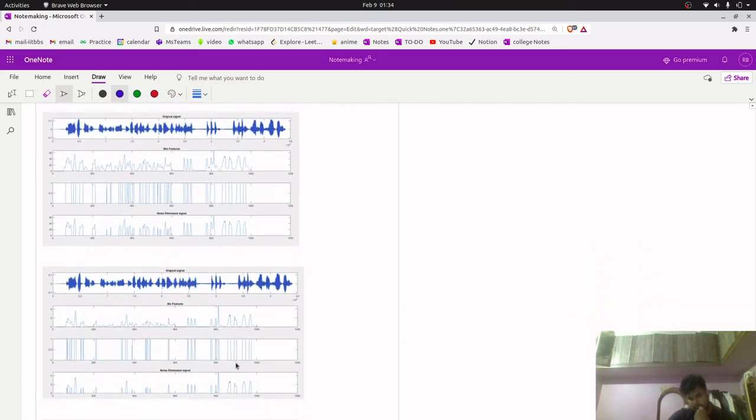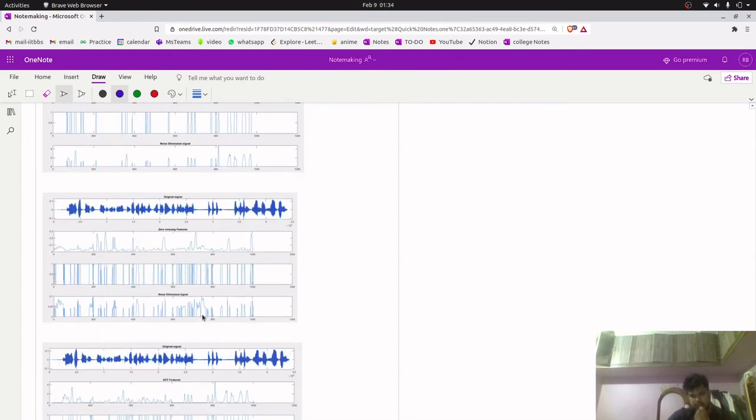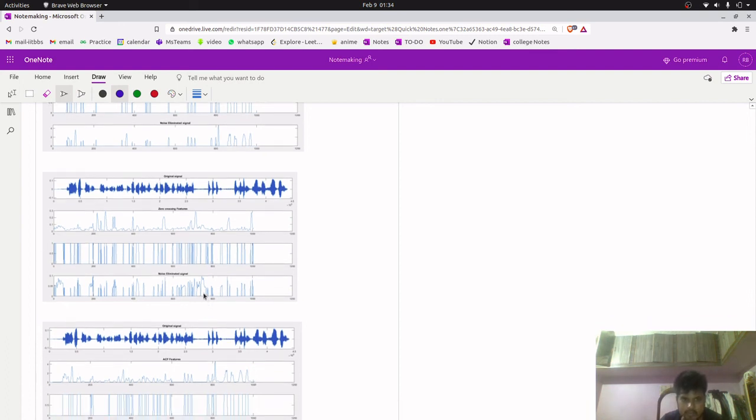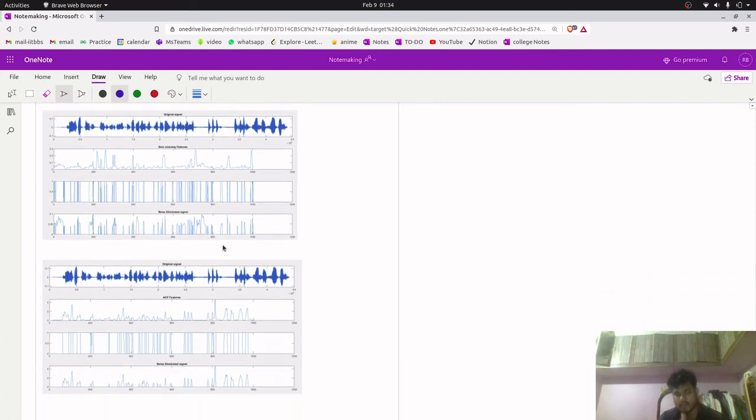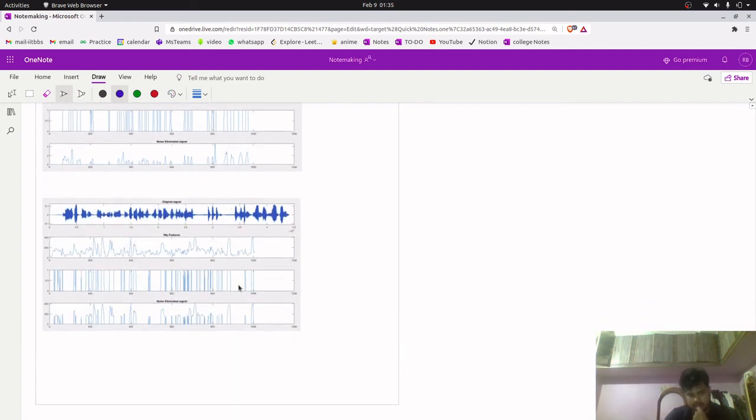Similarly for autocorrelation, you can see that we are getting digital ones and multiplying with the continuous signal, and we get the refined signal, which is mainly cleaned of most of the noises originally present in the speech signal.